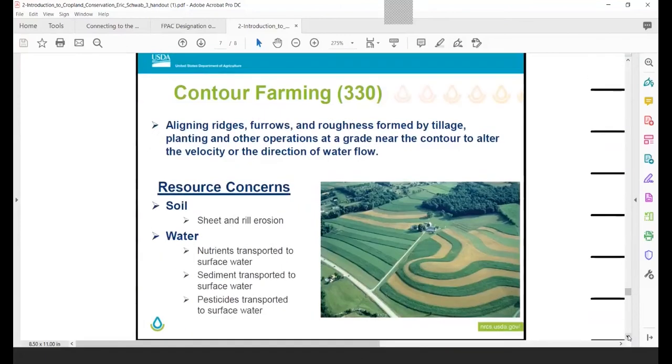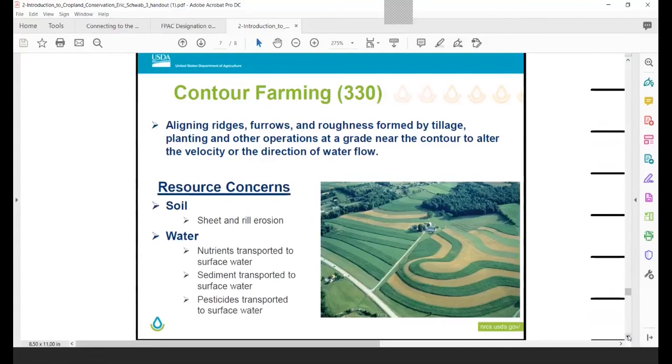Contour farming. Contour farming is like a terrace. We're going to plant or do the tillage on the contour, on similar slope. You can see from the picture, and the picture is not exactly, well, it is contour farming, but it's contour strip cropping also. But you can see how those strips are all curvy because they're following the contour.